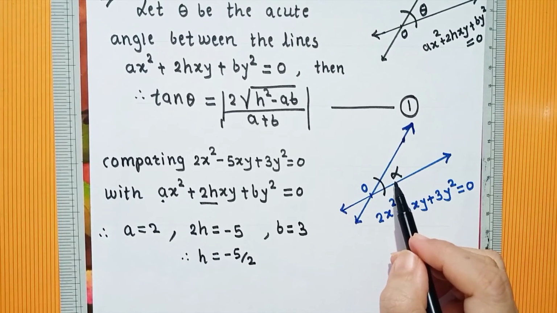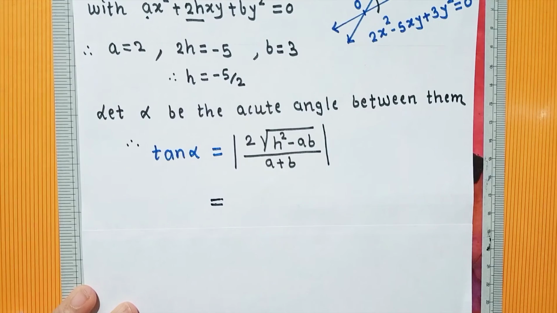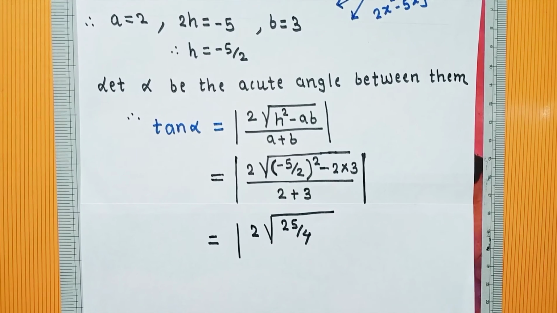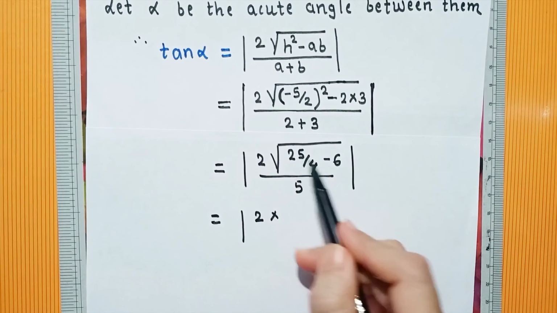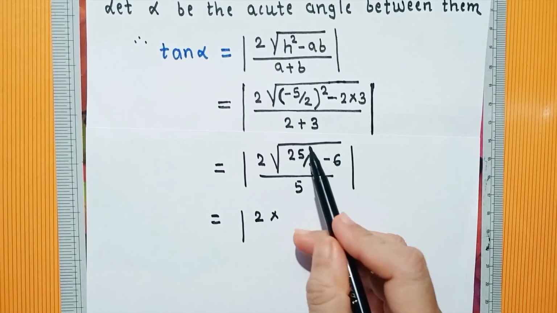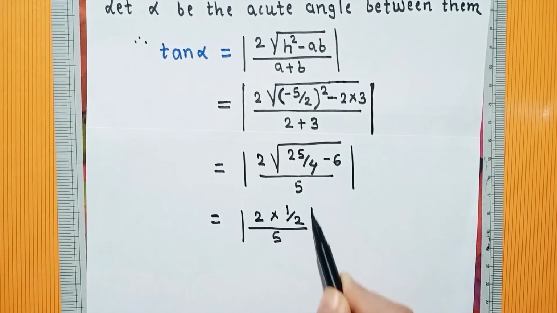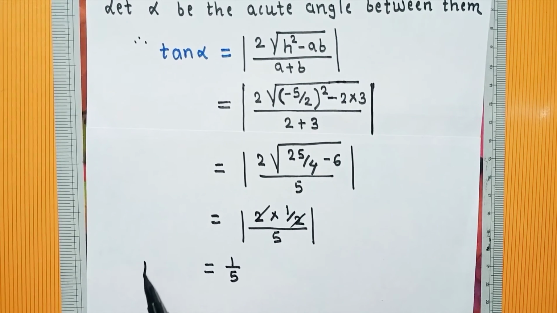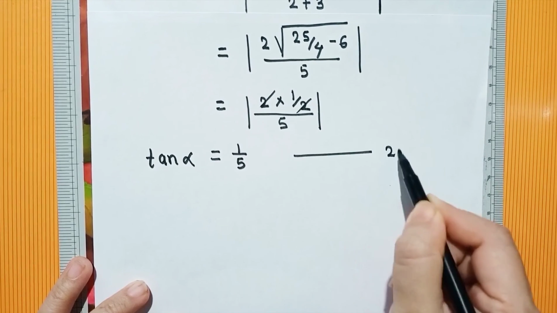And since alpha is the acute angle, tan of alpha equal to, substituting these values here, on simplifying this is 25 upon 4, 25 minus 24 is 1 upon 4, and its square root is 1 upon 2 upon this 5, and again this 2 get cancelled, and so final answer is 1 upon 5.